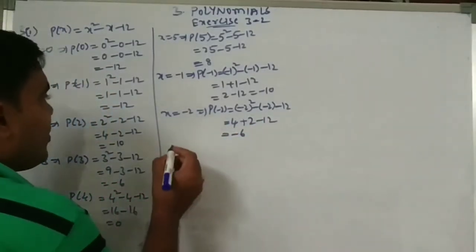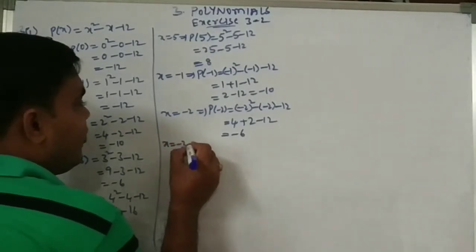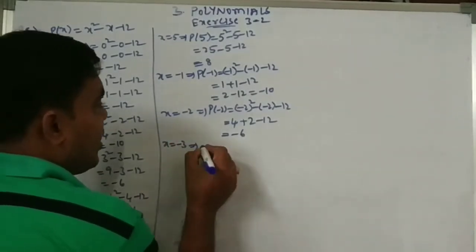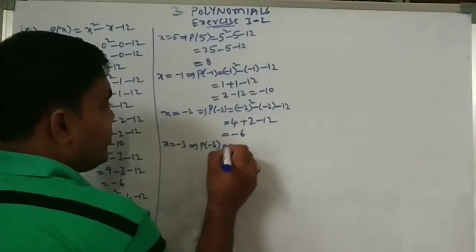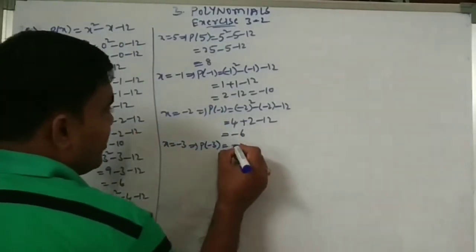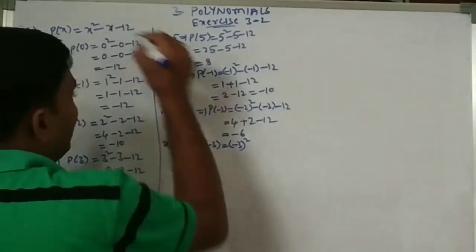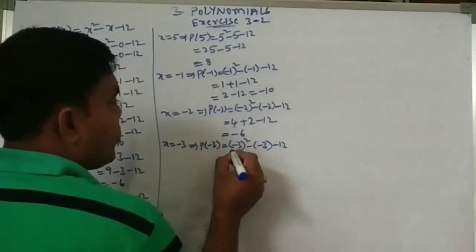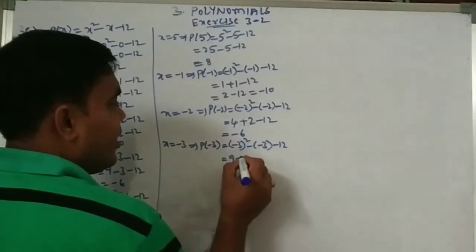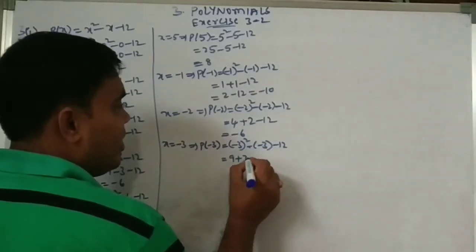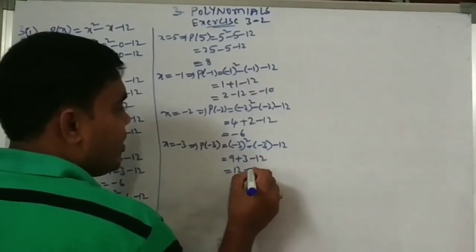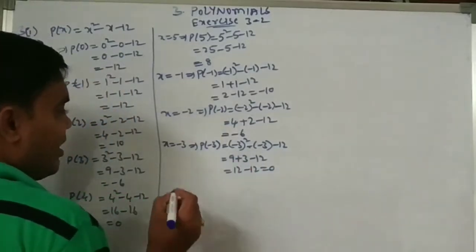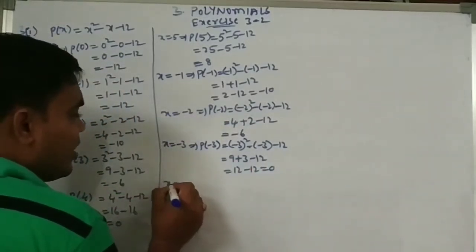Next, I want to substitute x equal to minus 3. P of minus 3 equals minus 3 whole squared, minus of minus 3, minus 12. Minus 3 whole squared is 9, minus of minus 3 is plus 3, so 9 plus 3 is 12, minus 12 equals 0. Next, x equal to minus 4.